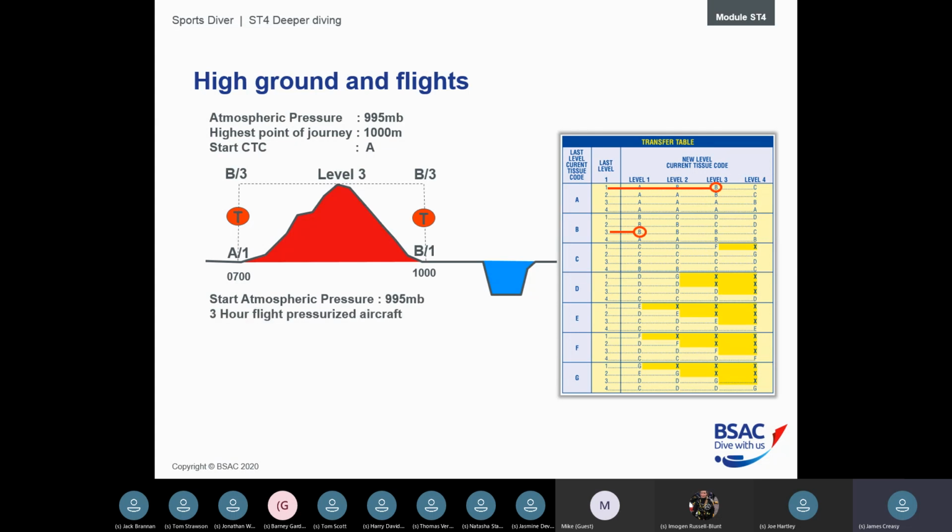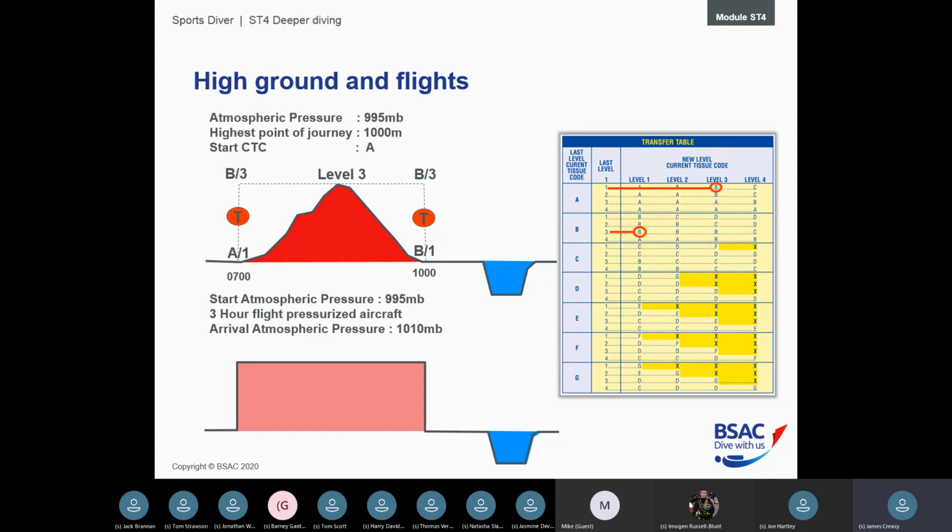So here we go, we're doing another example. Starting atmospheric pressure of 995 millibar, 3 hours on a pressurized aircraft, and the atmospheric pressure on arrival is 1010 millibar. So this would be our map of our altitude.